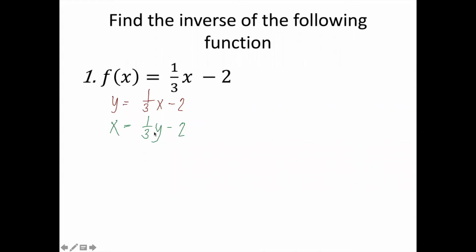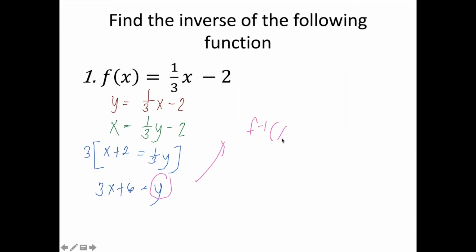So you have x plus 2 equals 1 over 3y. Multiplying both sides by 3, you have 3x plus 6 equals y. And then the last step is we change y to the inverse function symbol, equals 3x plus 6. So the inverse of the function 1 over 3 x minus 2 is 3x plus 6.